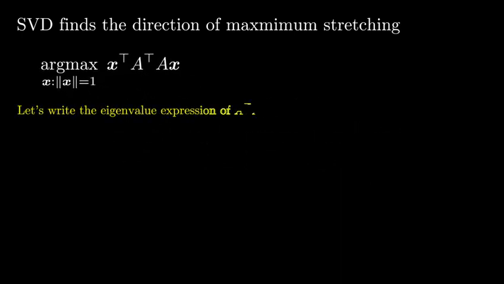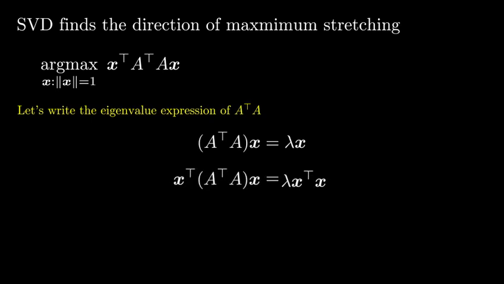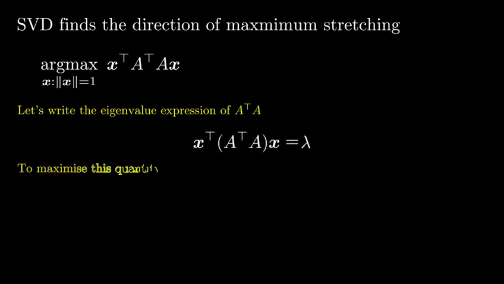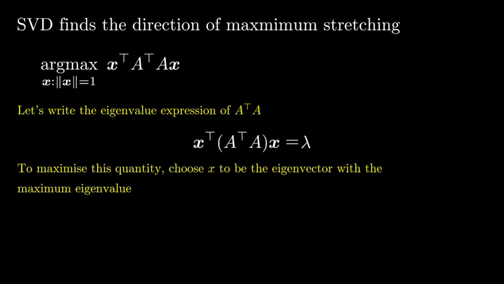Now let's write out the eigenvalue equation of matrix A transpose A. Since x is a unit vector, we can cancel out x transpose x. So maximizing x transpose A transpose A x is equivalent to maximizing lambda.